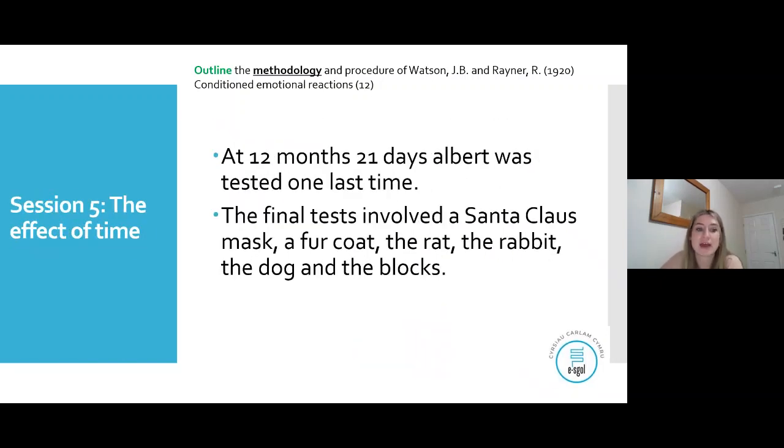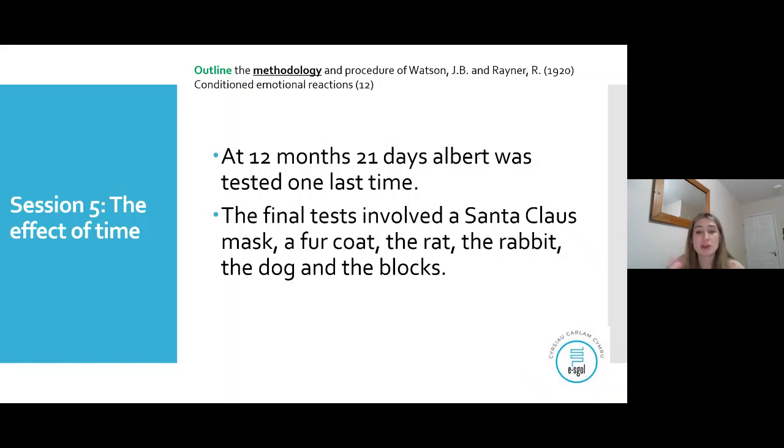And then the last one is the effect of time. So they wanted to see, okay, so is this going to sort of wear off after a week and he won't be scared of the rat anymore? Or is this something that is going to be, you know, a long time? Is it a lifetime phobia that we've given little Albert?